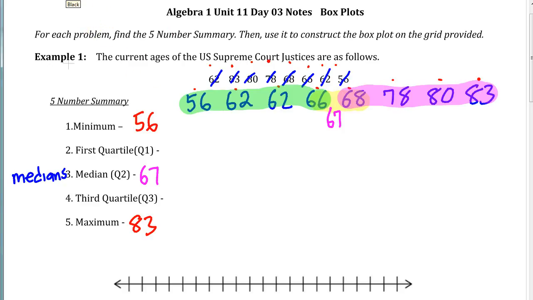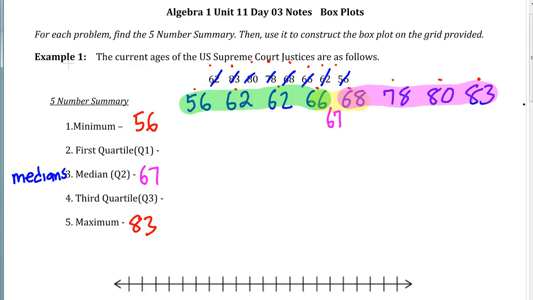Now, as you saw yesterday, the only thing you have to change from problem to problem is whether there is an odd number of data points or an even number of data points. It's slightly different. So here it's an even number, so the first half is just the Q1, the second half is the Q3. But on the next one, there's actually 11 data points and it's slightly different.